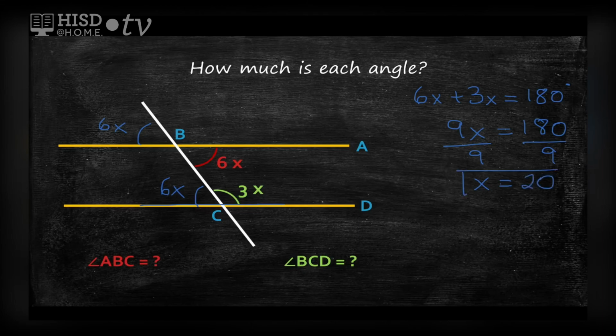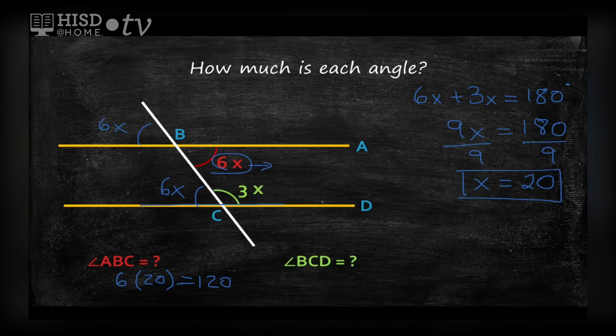And now in order for me to find the measure of each angle, I just have to solve each of the expressions. So the first one is angle ABC. Angle ABC is equal to 6x. That's going to be the same as 6 times 20, which is equal to 120 degrees.